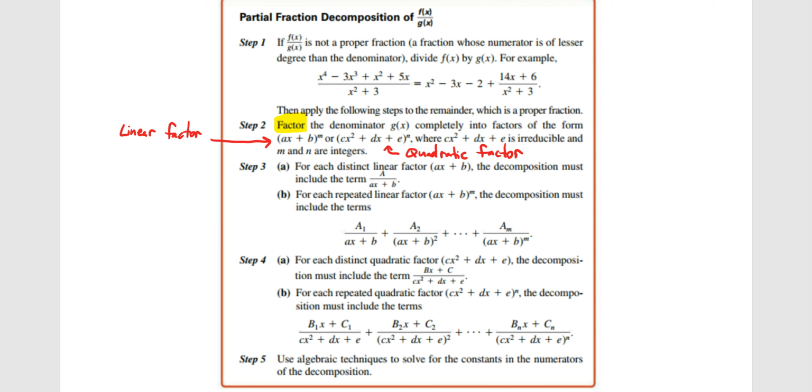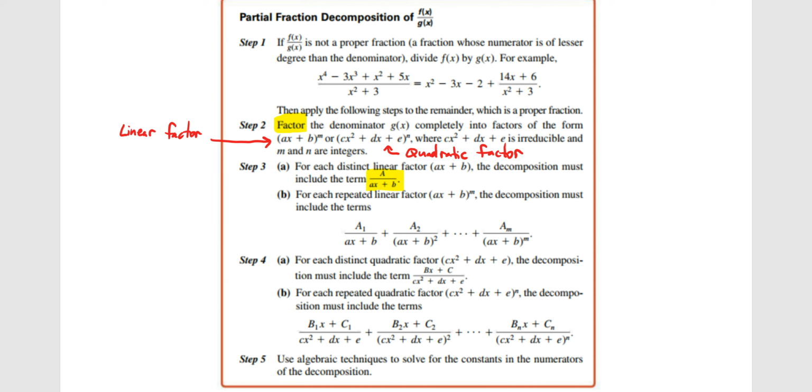And the way that we're going to do it is we are going to say that for each distinct linear factor, we're going to place a kind of a placeholder, which is going to be a constant, capital A, over that linear factor ax plus b.